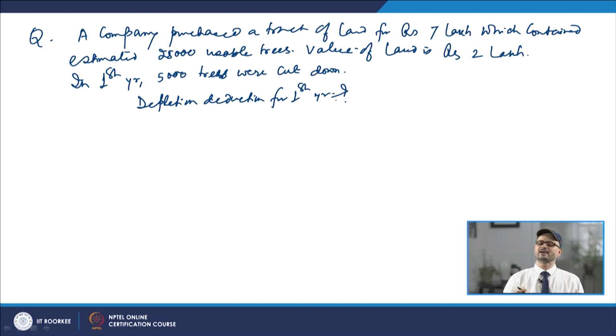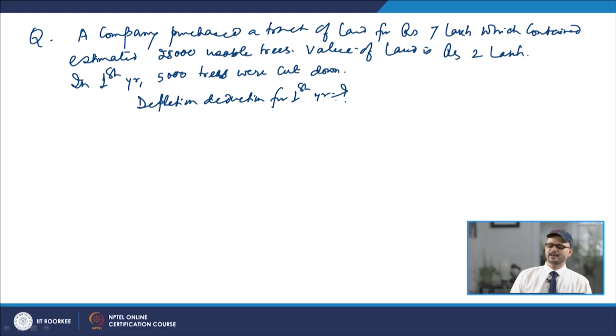The value of land is 2 lakh, and land is not a depreciable item; land does not depreciate. So the depletion charge will be only for the trees, and the price for these 25,000 trees will be 5 lakhs.